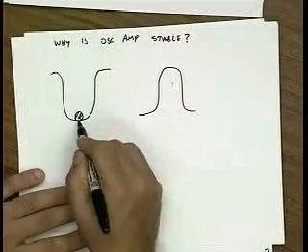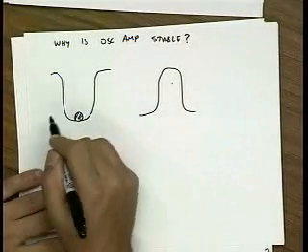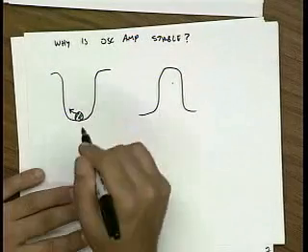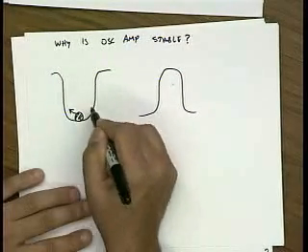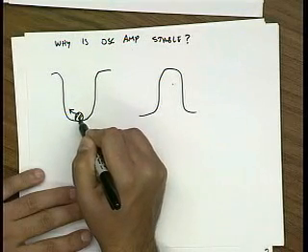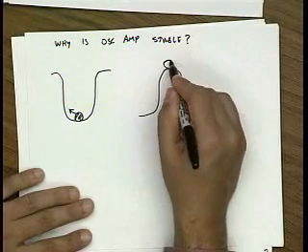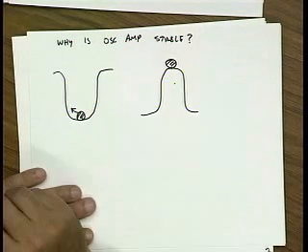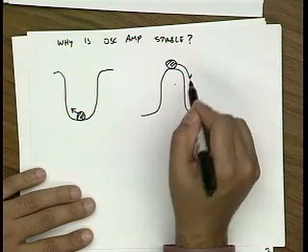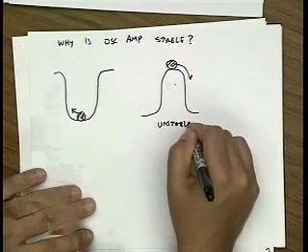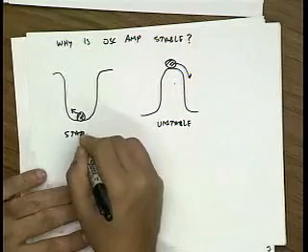If I put this ball at the bottom of this bowl and I give it a little force, I know it'll oscillate back and forth, but because there's loss in the system, it'll decay back to this point. On the other hand, if I put, let's say, a marble ball on top of a hill like this, and I just push it a little bit, it's going to roll down the hill, right? So this is an unstable system, and this is a stable system.